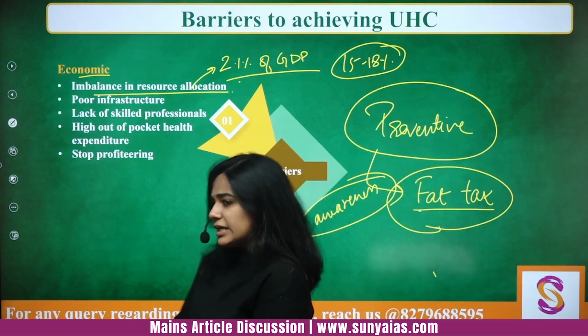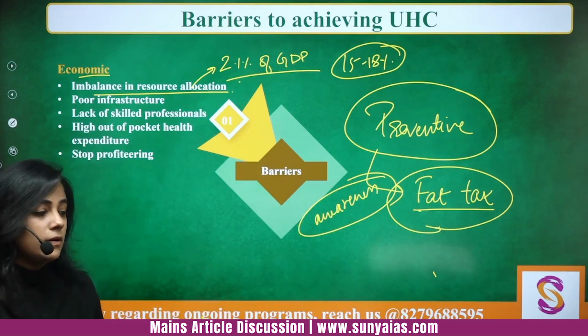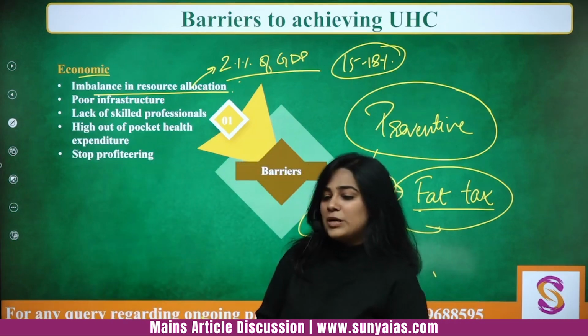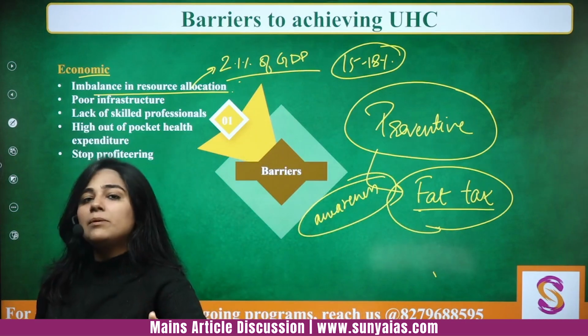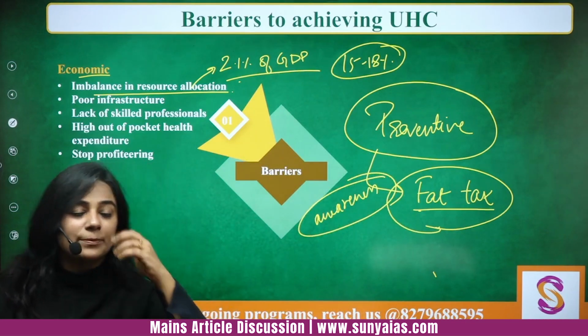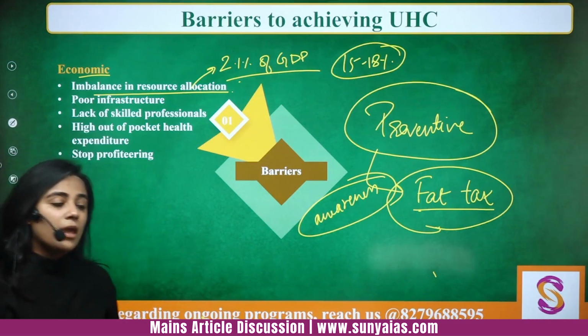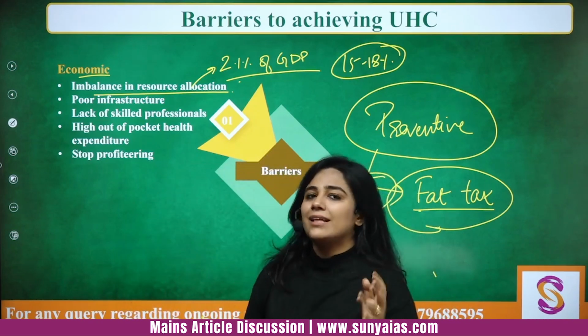So many things are happening at the national level. 2023 was the international year of millets. Then yoga day, we have raised awareness for yoga day. But again, nothing can make up for universal health coverage.